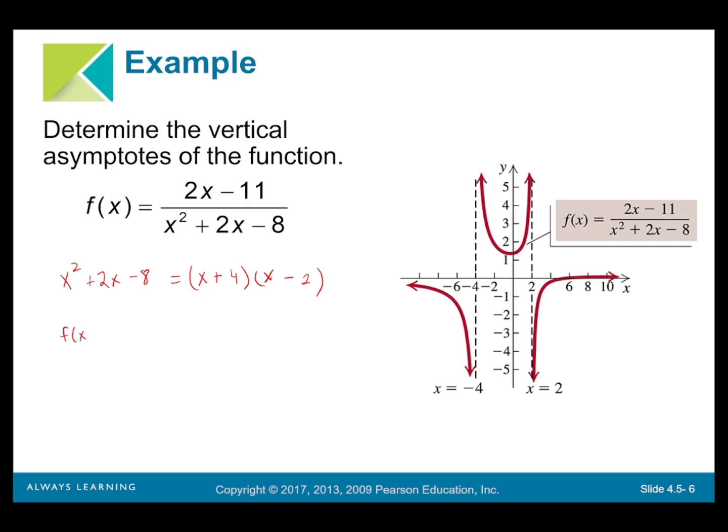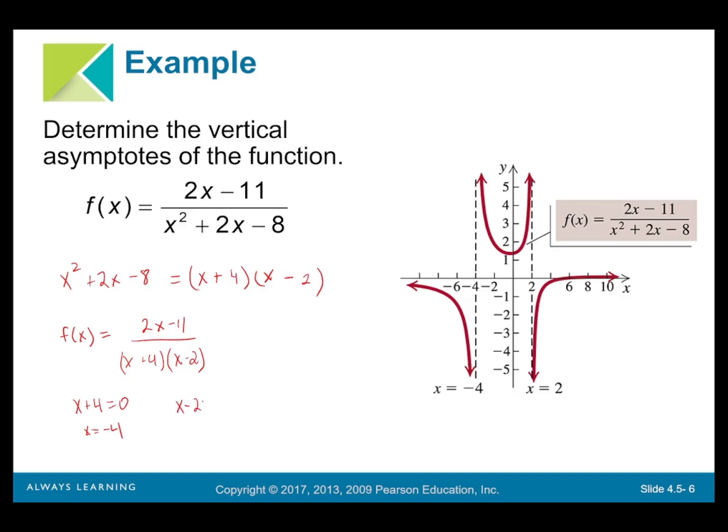And so our function f of x is then 2x minus 11 over x plus 4, x minus 2. So to find out where the actual asymptotes are, we're going to take that denominator and set it equal to 0. We can look at x plus 4 equals 0, and we get x equals negative 4.